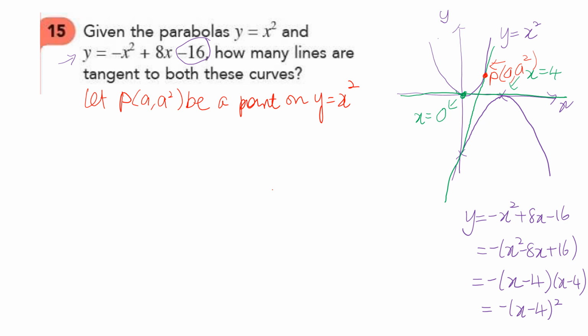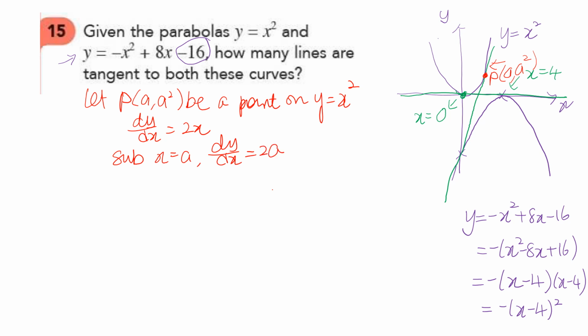Alright, so we're going to find the equation of that tangent line. dy over dx will be 2x, so we're going to sub x equals a. Our dy over dx will be 2a.